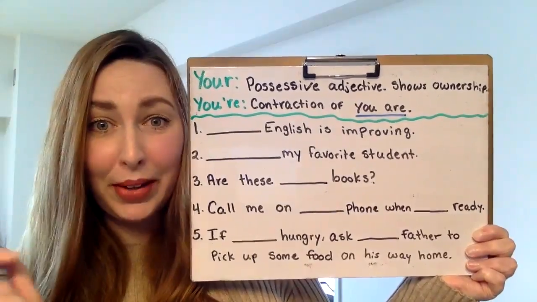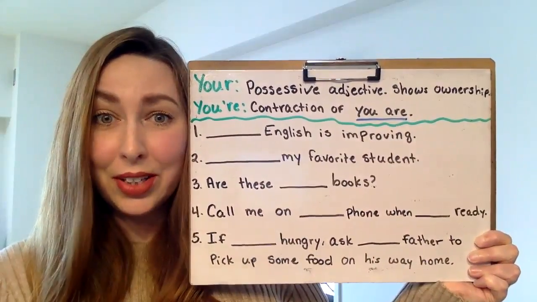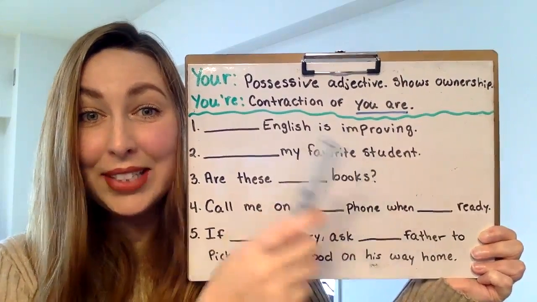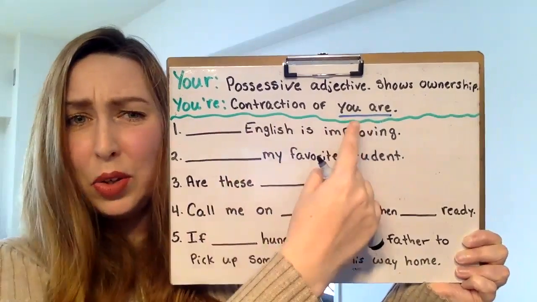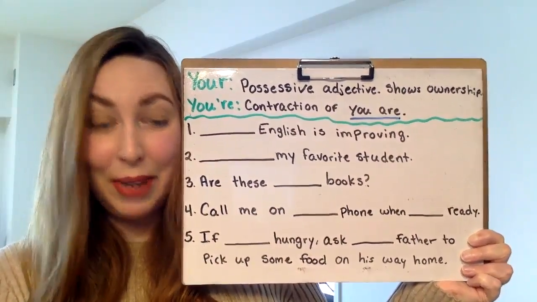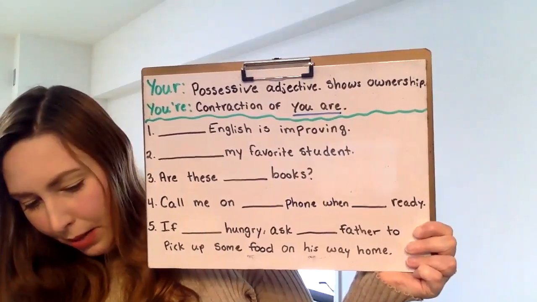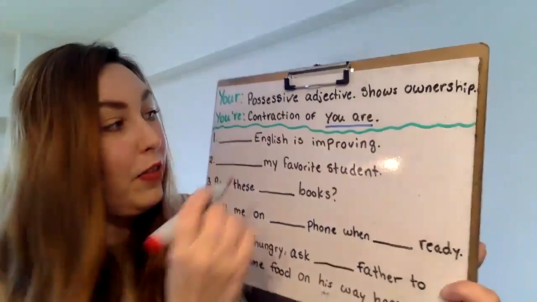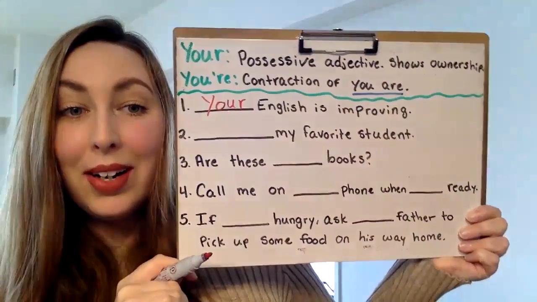Well, if we think about it, we could say whose English is improving? Whose English? So my English or your English. All right, so we know we need a possessive adjective. So if we said you are English is improving, that doesn't make sense, right? So we're going to choose the one that is the possessive, your, Y-O-U-R. Your English is improving.